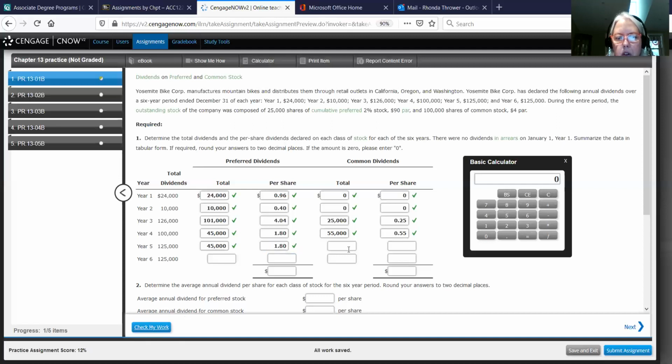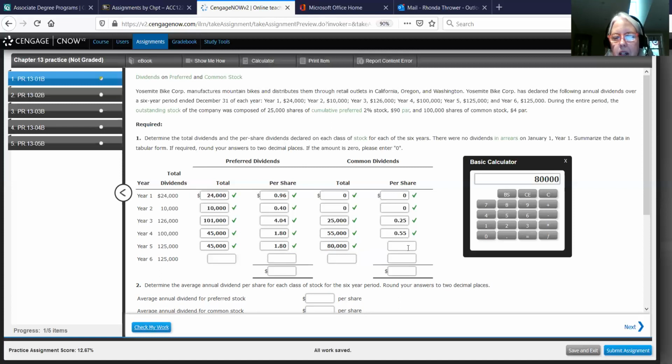What we have to determine is how much we paid to our common stockholders. The total amount that was declared was $125,000. We're going to subtract the $45,000 that was paid to the preferred stockholders, and the remaining amount of $80,000 we're going to pay to our common stockholders.